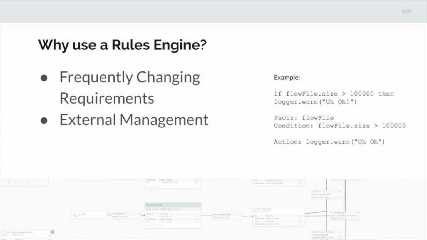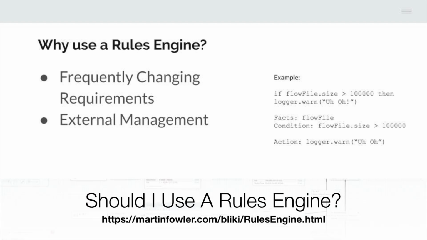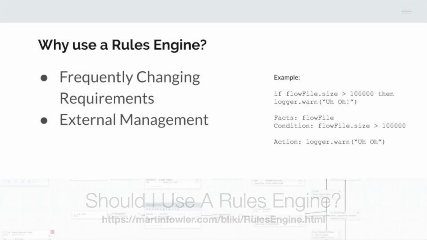Those are a lot of cases where I've encountered a rules engine. This is a very simplified example, but definitely look into more about rules engines or production rule systems by going to the link below, shown by Martin Fowler.